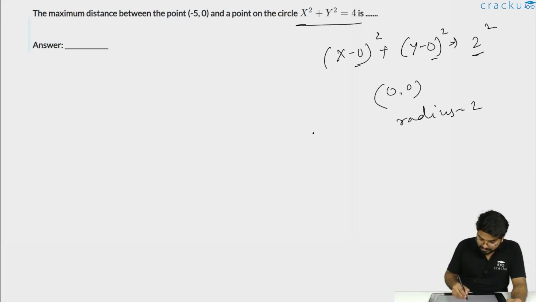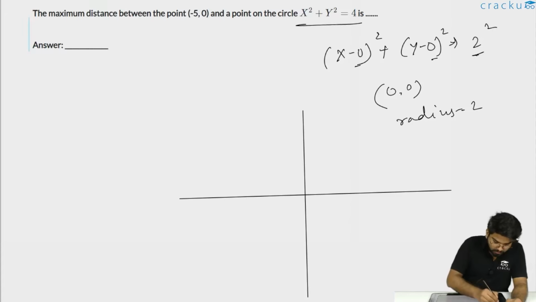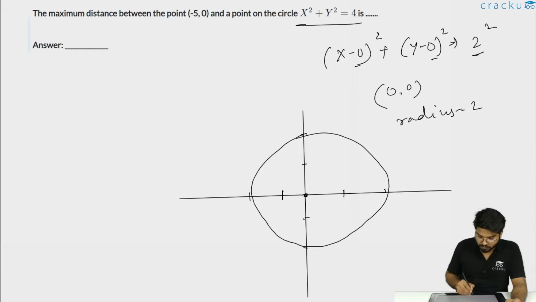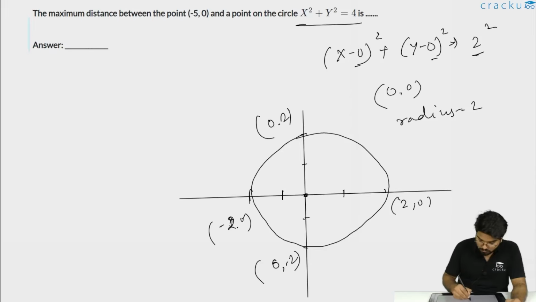Now if I draw the diagram, we know that the coordinates of the center are 0 and 0. So the circle will be something like this. So this will be minus 2, 0. This will be 2, 0. This will be 0, minus 2. And this will be 0, 2. So this will be the diagram of the circle.